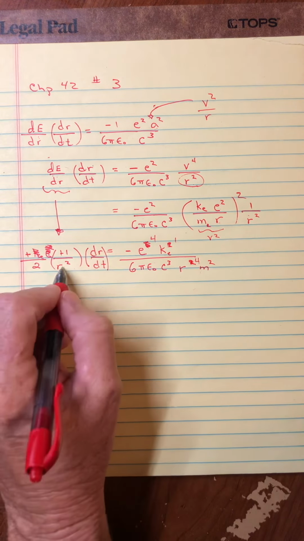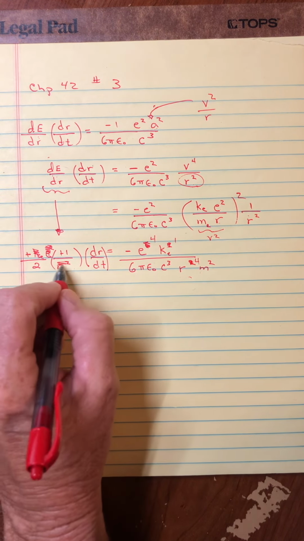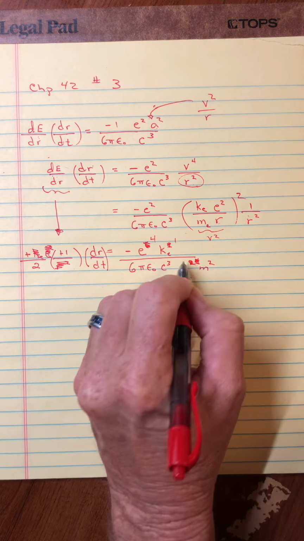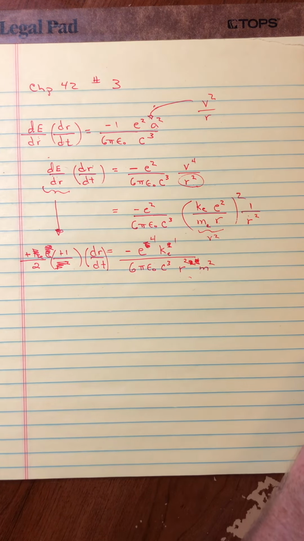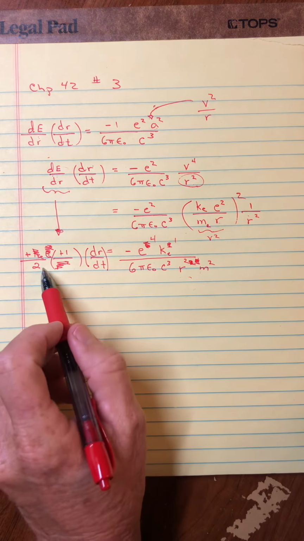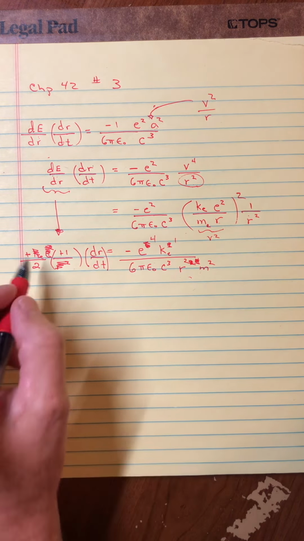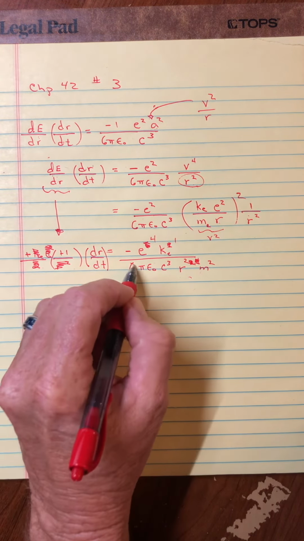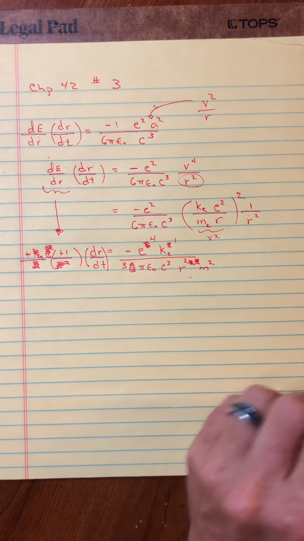So now, when I look at the r's on each side, I can take off 2 from over here, and I'm down to r squared. Okay, I like that better. And then that almost takes care of everything on the left. I can cancel off a 2 with this 6 and be left with a 3.